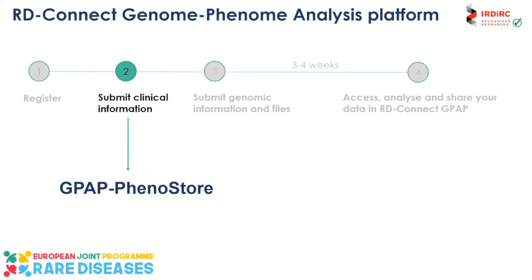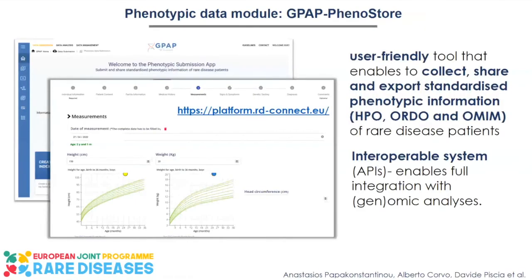Once you are registered in the system, you will then need to submit the phenotypic information of your cases. And to help with this whole process, we have developed Phenostore. Phenostore is a user-friendly tool that enables us to collect the phenotypic information, but then for you to share and also export that information using standards, ontologies, and controlled vocabulary.